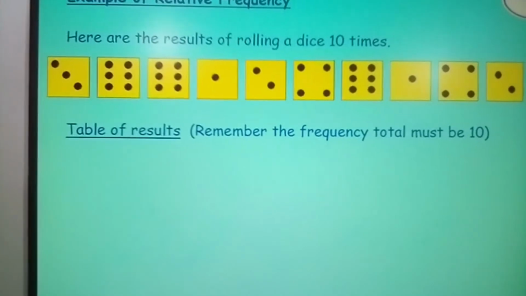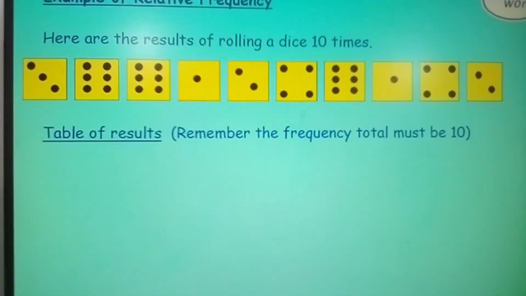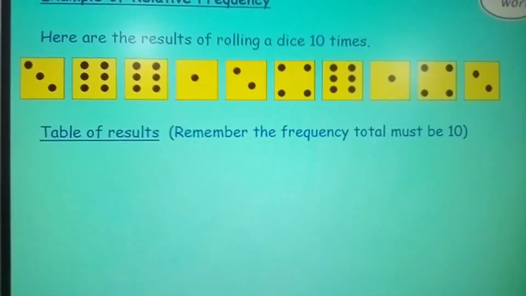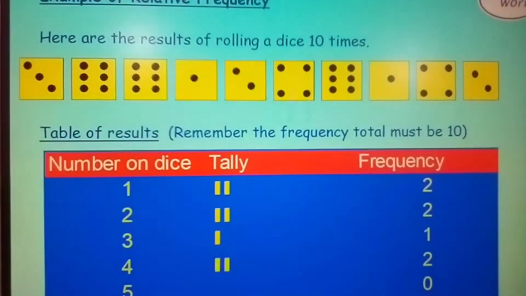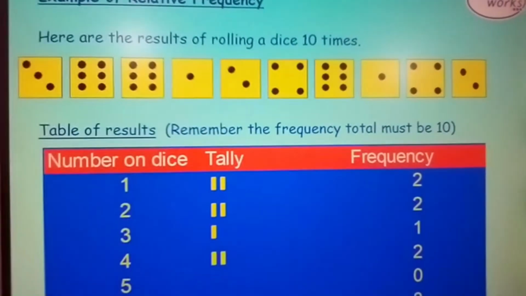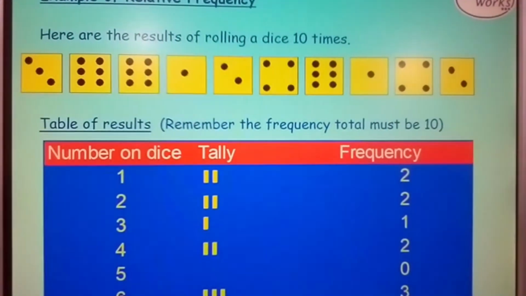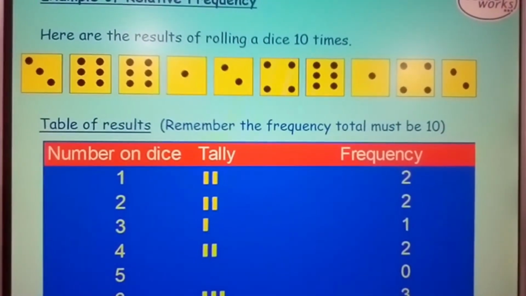Okay, so we need to put these tallies or results into a table. And that is our table. Let me just pull back so we make sure we got it all in frame. Okay, that's our table.